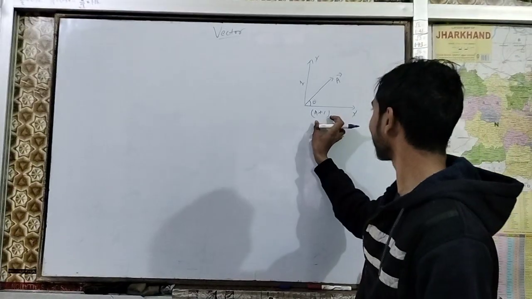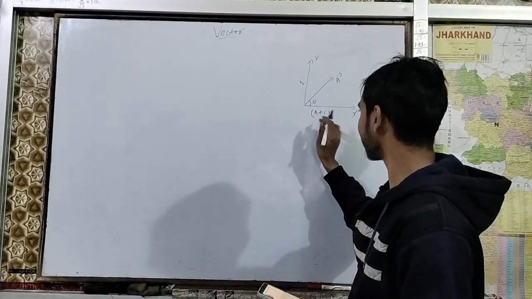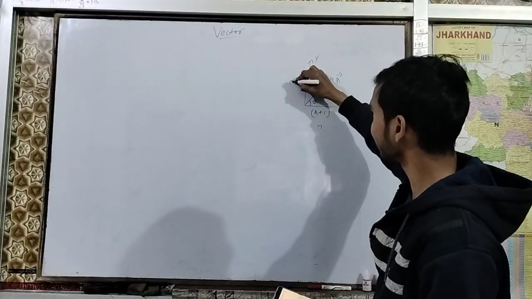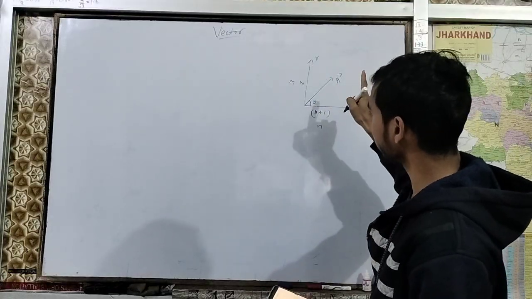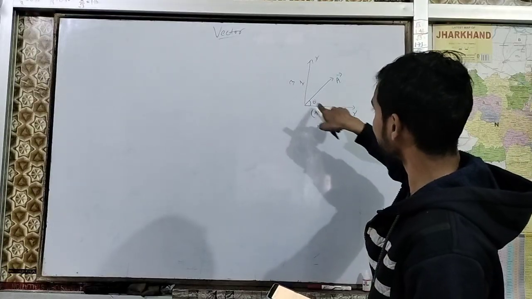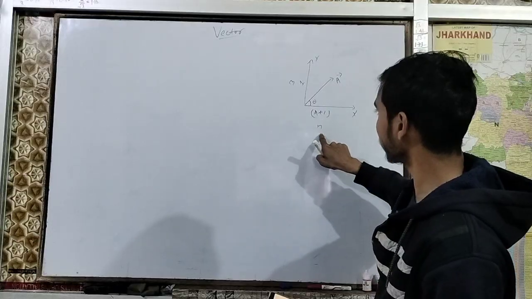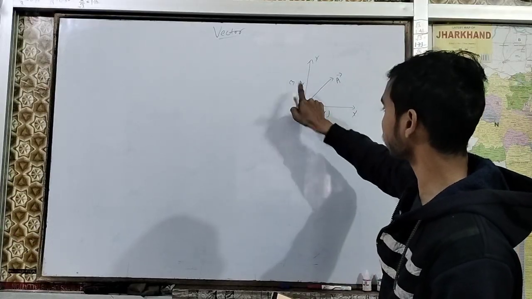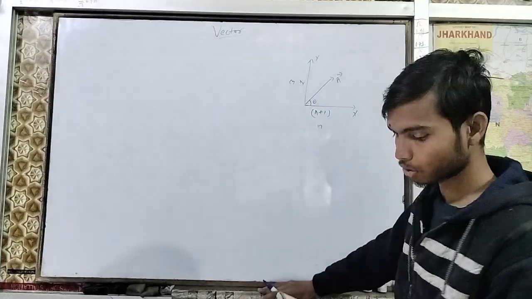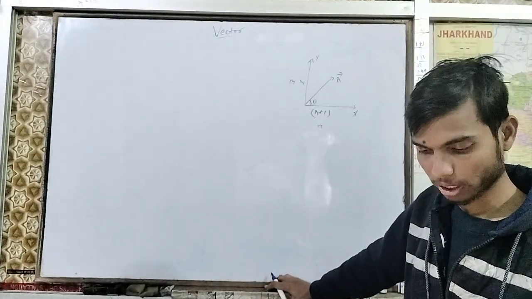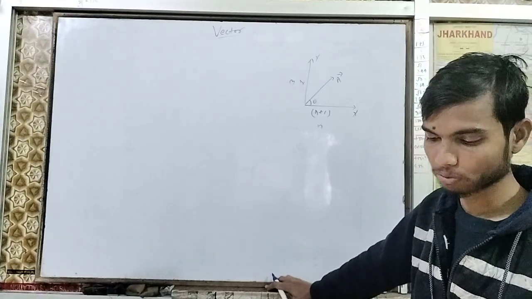So n plus 1 is becoming n, and 1 is becoming 3. When we rotated coordinates x and y by 60 degrees, this component became n and this one became 3. Find the value of n.